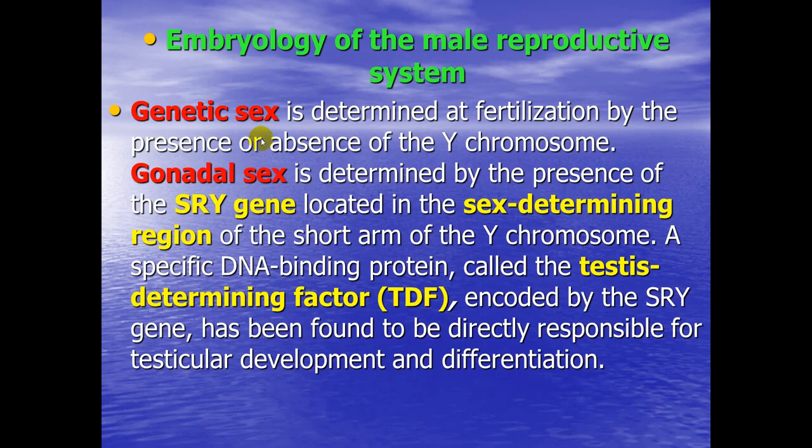Genetic sex of the embryo is determined at fertilization by the absence or presence of the Y chromosome. Gonadal sex is determined by the presence of the SRY gene, a special gene located in the sex-determining region, which is located on the short arm of the Y chromosome.